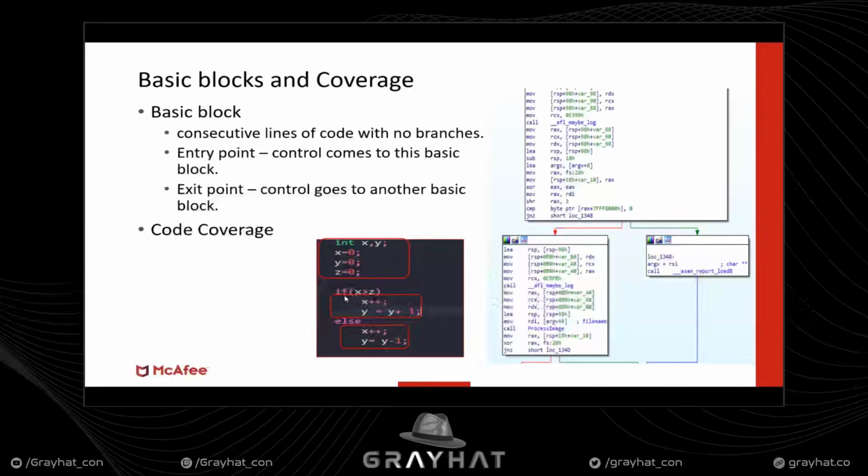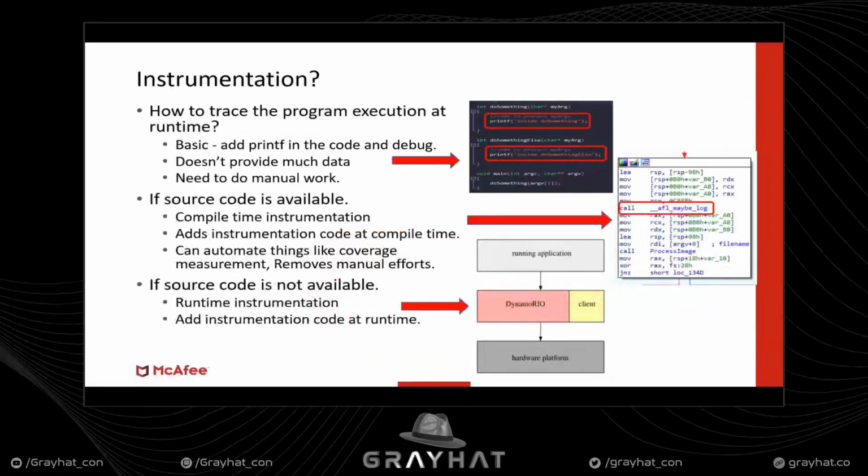So we need two inputs to cover all the parts in this code. A coverage guided fuzzer uses binary instrumentation to measure code coverage, and based on the code coverage, it modifies the input files so that it can cover various parts of the code. With that, let's move on to the next topic, that is instrumentation.